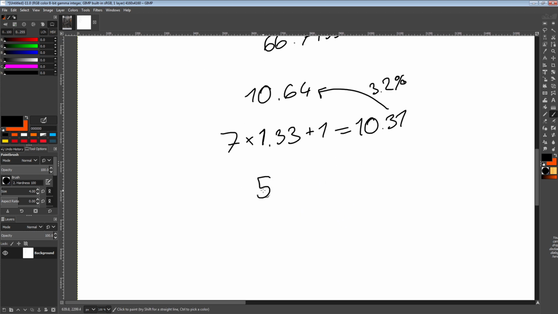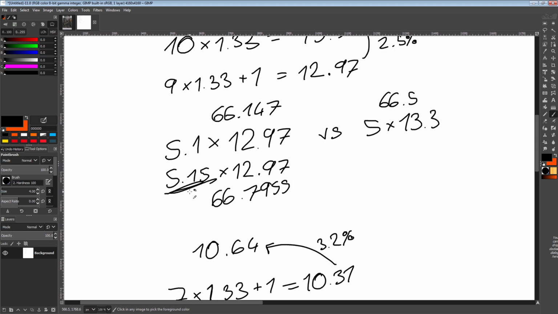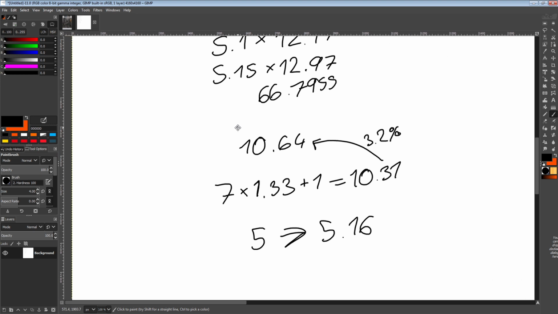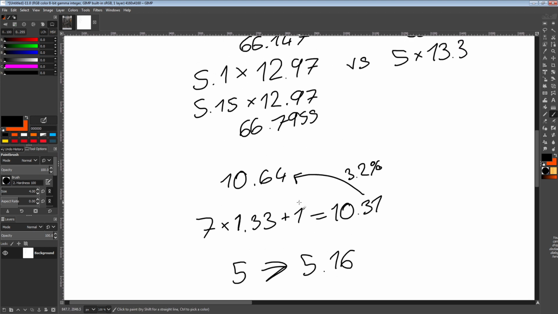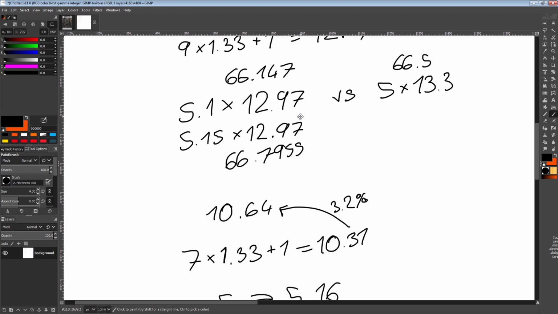That's like going from 5 gigahertz to 5.16 off the top of my head. So that's a bit of a bigger gap. On the 8 core, you better hope that your bad core is a lot worse than your other cores, because otherwise the per core hyperthreading doesn't really do anything for you.